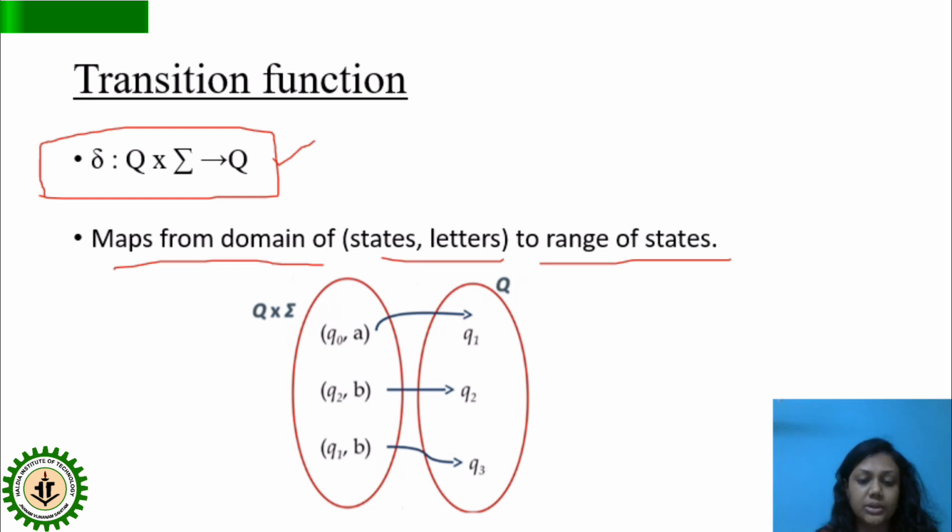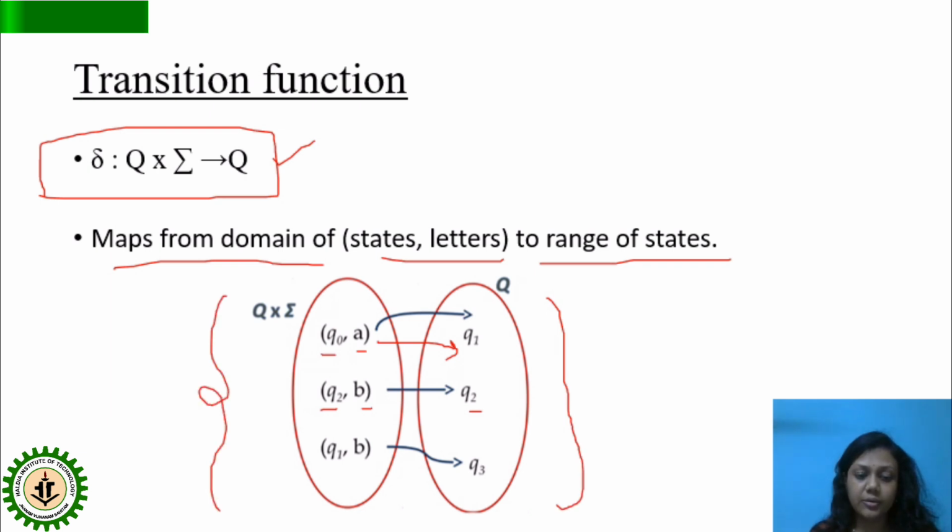This diagram shows that state Q naught, on getting input alphabet A, goes to state Q1. This is the transition. And the state Q1, on getting input alphabet B, goes to state Q2. So, this is how we define a transition function.